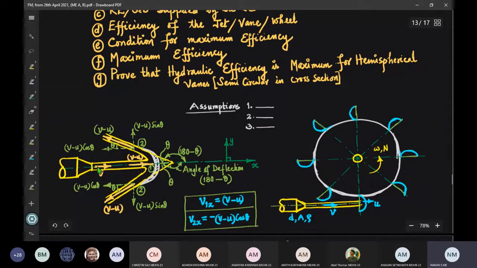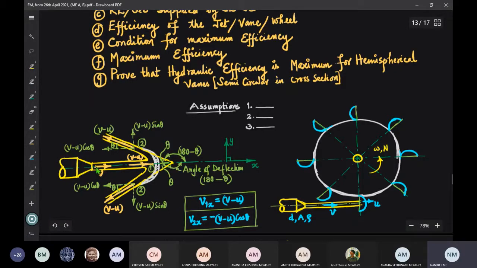So even though the absolute velocity is v, since the vane starts moving when the jet impinges, the effective velocity with which the jet strikes, that is the relative velocity between the jet and the plate, in this case is v minus u, because both are horizontal now. See the orientation that is given, the coordinate axes x and y.